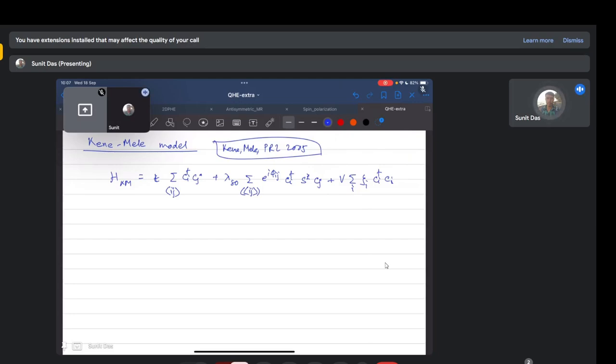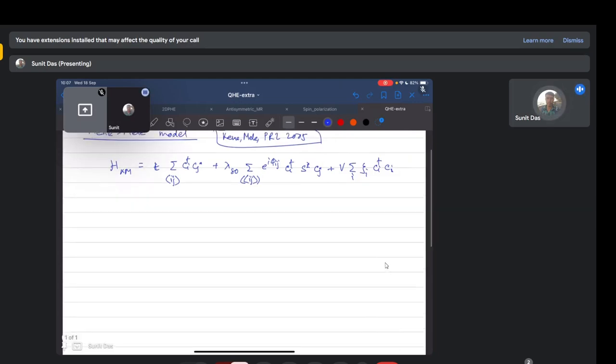Okay, so this is the Hamiltonian, where this first term is the conventional nearest neighbor hopping that we are considering in the conventional graphene case, from the A sublattice to the B sublattice, let's say.